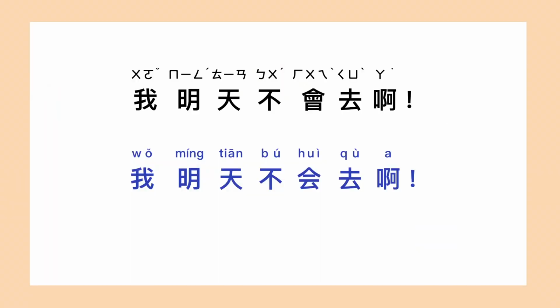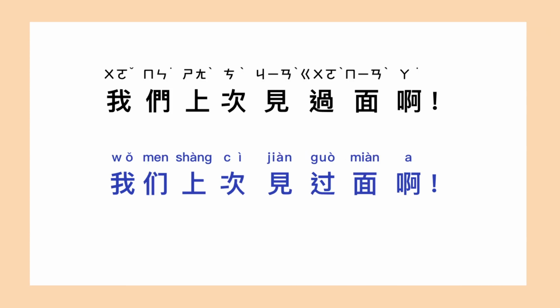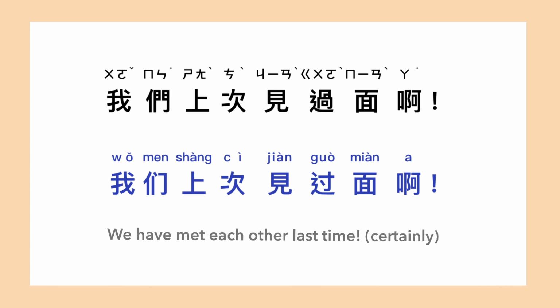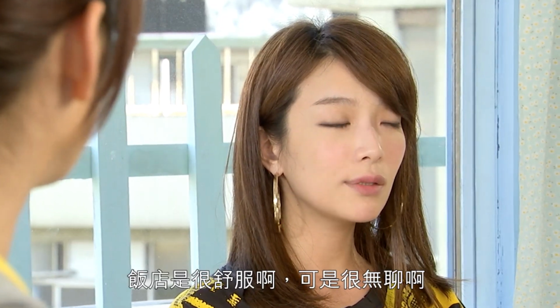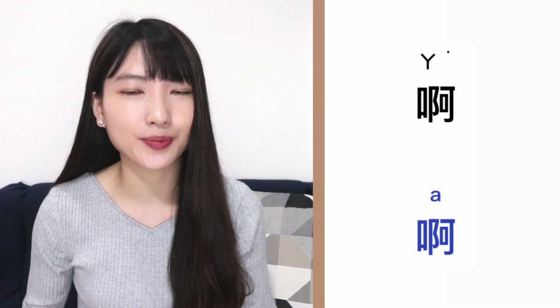For example, 我明天不会去啊。I won't go tomorrow. 我们上次见过面啊。We have met each other last time. 饭店是很舒服啊，可是很无聊啊。 It can also strengthen the mood of sentences when expressing exclamation, surprise, and reminder, etc.